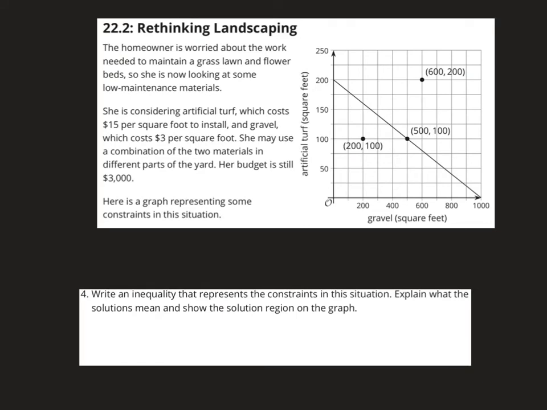Okay, so now they want us to write an inequality, and I think we know what's going on here. We're looking to come in at or less than $3,000, and we want the cost of the stone plus the cost of the artificial turf to come in below that. We know that the stone costs $3 per square foot. We know that the artificial turf costs $15 per square foot, so there's your inequality.